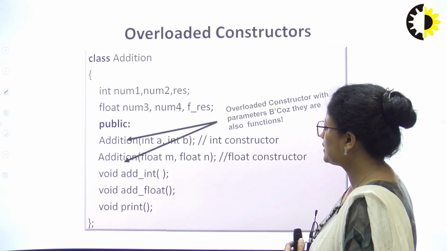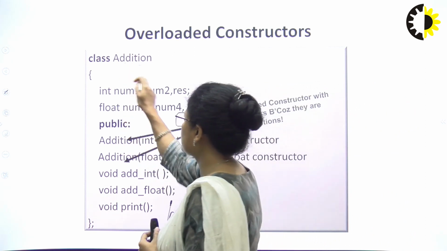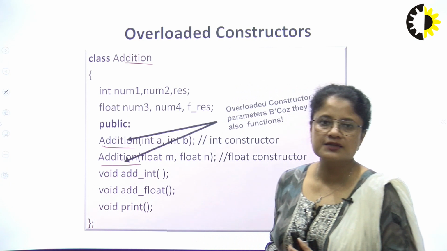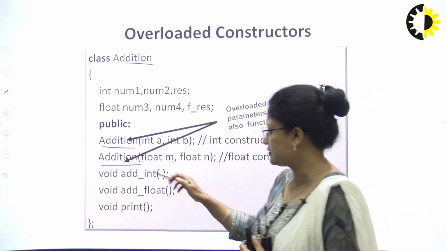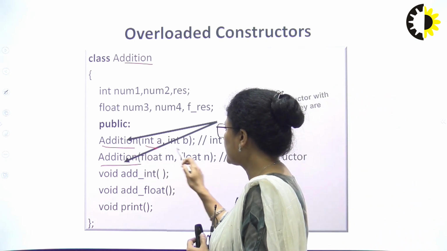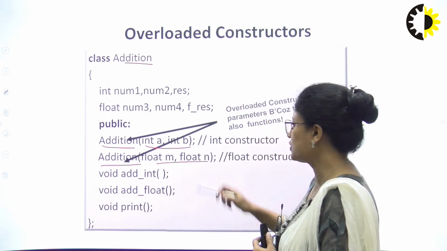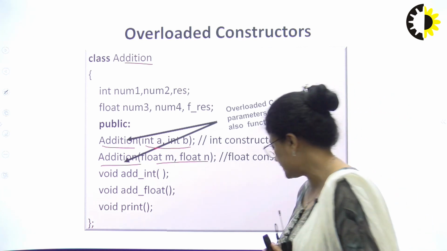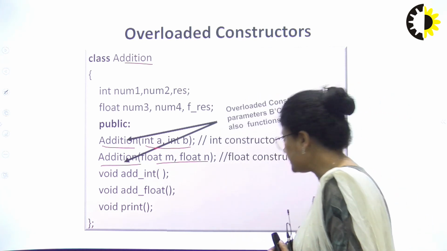Example of overloaded constructors. That means you can have more than one constructor with the same name; this is the class name, this is the constructor function. In one case we have two arguments, in the other case we again have two arguments, but the difference is that in one case it is integer data and in the other case it is floating point data.